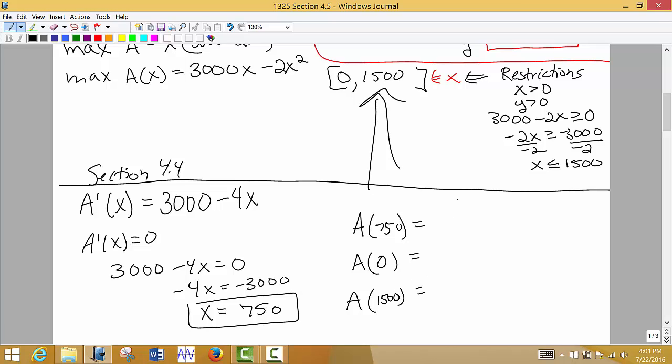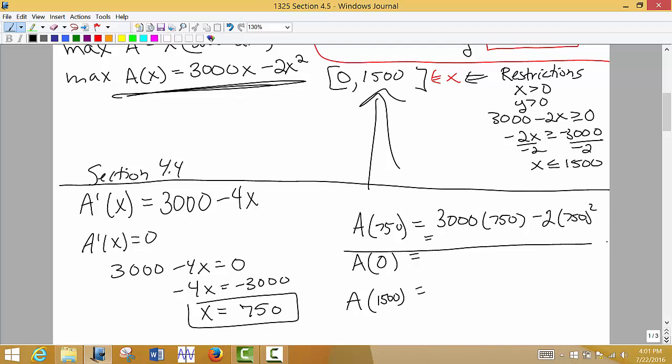If you plug 750 into our area, 3000 times x minus 2 times x squared, we get a maximum area of 1,125,000 square yards.